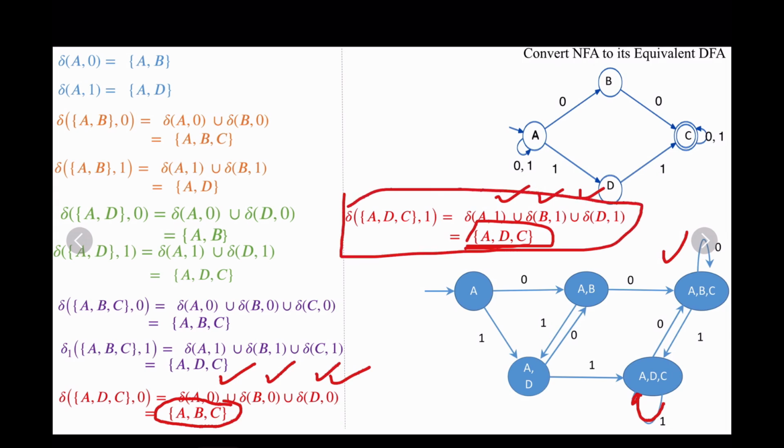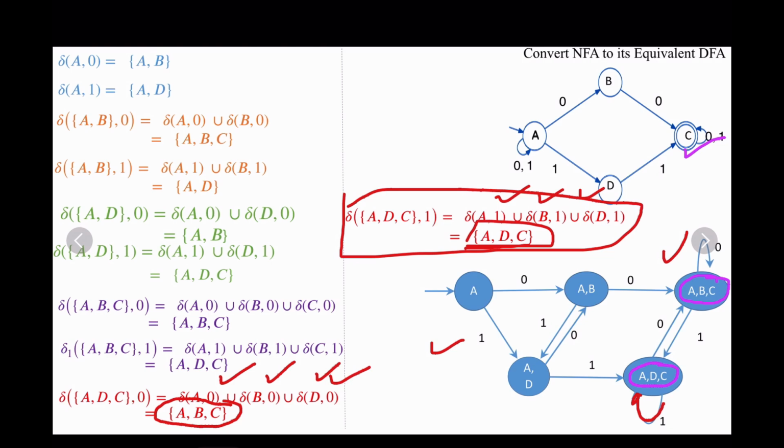Then what is the final step? We need to find the final states. The final state of the NFA is C, so find where C appears in the DFA states: ABC and ADC.